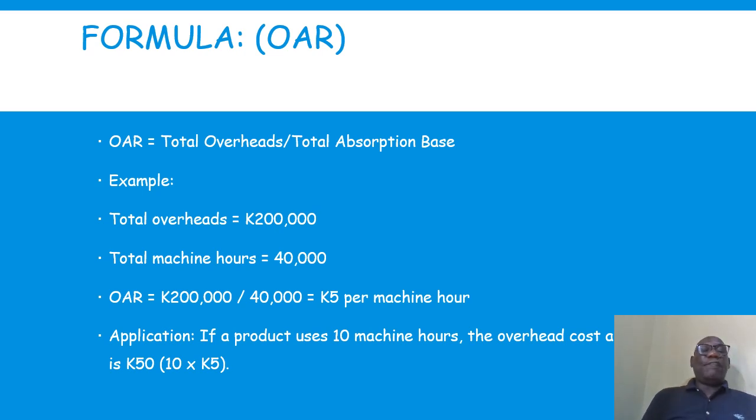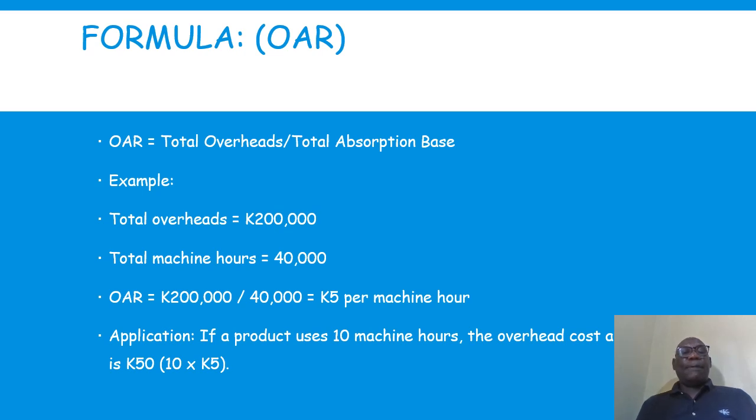Therefore, overhead absorption rate will be equal to 200,000, which is the total overheads, divided by 40,000 machine hours, which relates to the total absorption base. Now remember, in some texts, total absorption base can also be referred to as the total activity level.